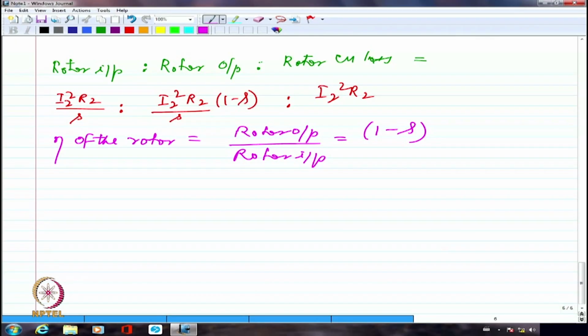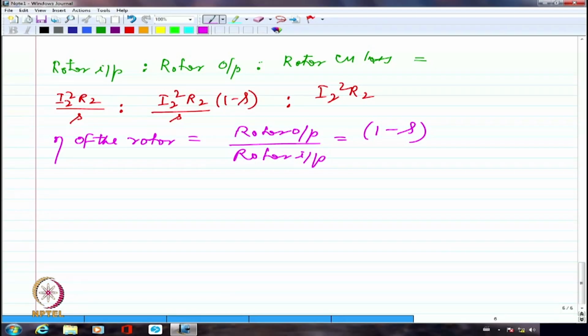If I have the induction motor, let us say 1500 RPM is my normal synchronous speed. If it is working at 1470 RPM, 30 divided by 1500 is going to be my slip, which is actually 0.02. So if 0.02 is the slip, I'm going to have the efficiency to be 98%.